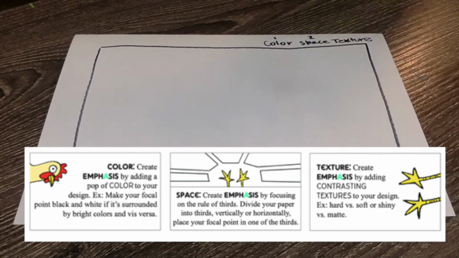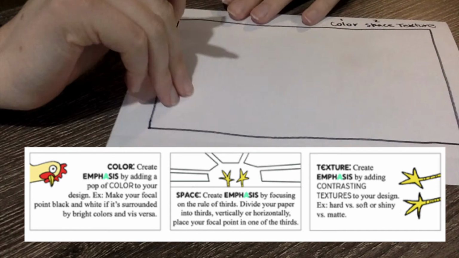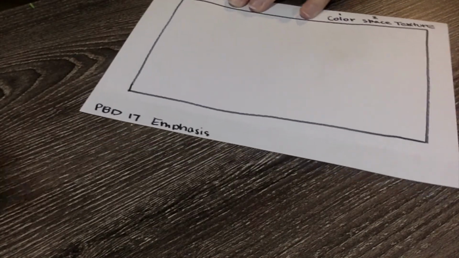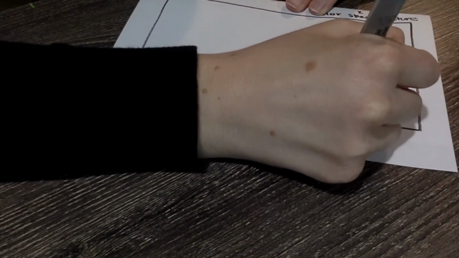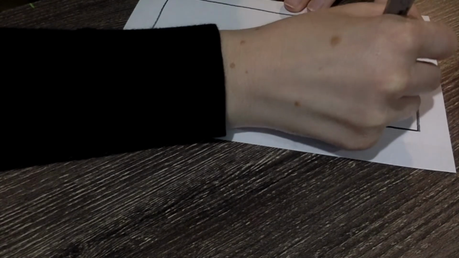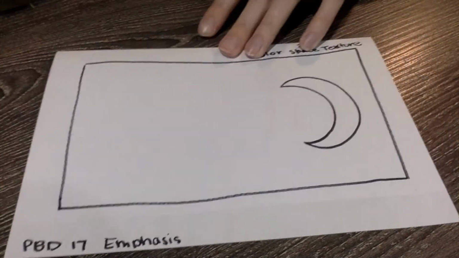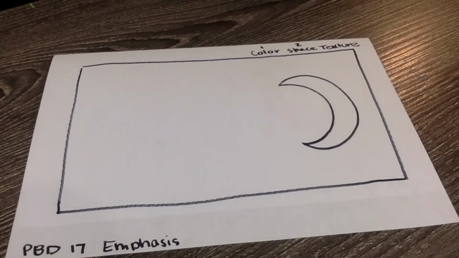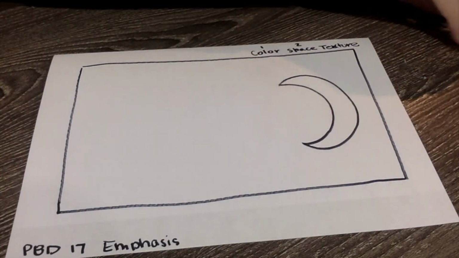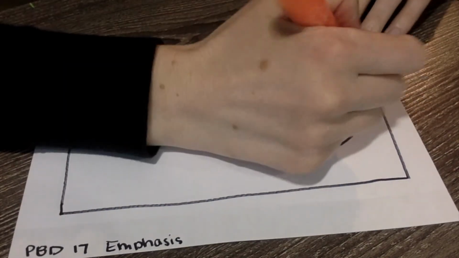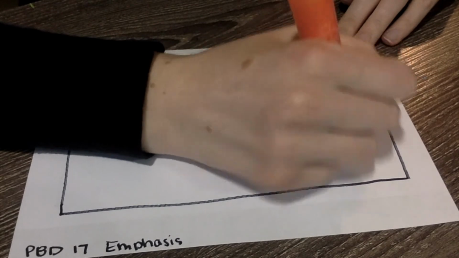So that being said, I am going to do a moon, I think. Yes, I think a moon. And I'm going to do this crescent moon over here. And I'm going to bring in some color by, let's see, making my moon orange.